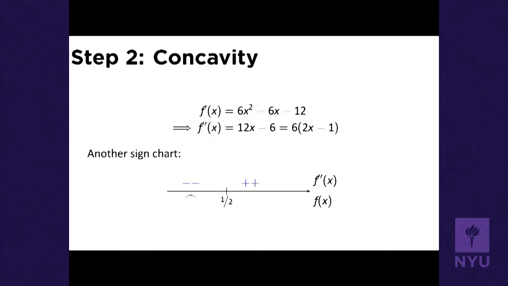I know that it's concave down when x is less than 1/2, and the graph is concave up when x is greater than 1/2. And that tells me that this point here is an inflection point because it switches from concave down to concave up. Make sense? It's a simpler equation because it's a linear equation and not a quadratic like in the first derivative.